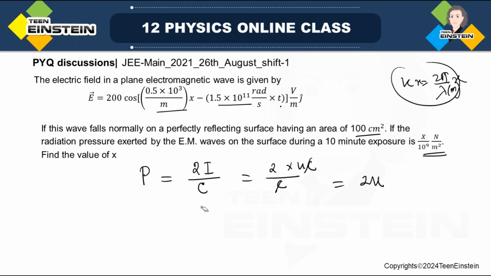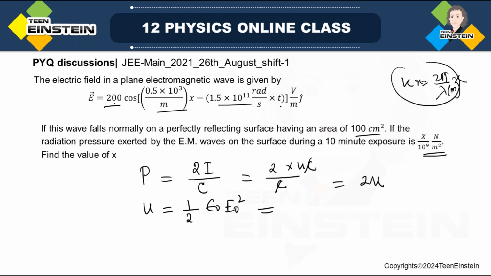This U is the energy density, and I can write this energy density in terms of electric field, half epsilon naught E naught square. This is the maximum energy density associated with the electric field component of the electromagnetic wave. So here, look then, E naught square.